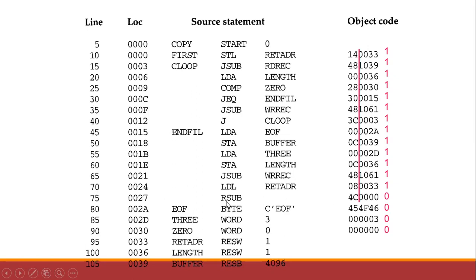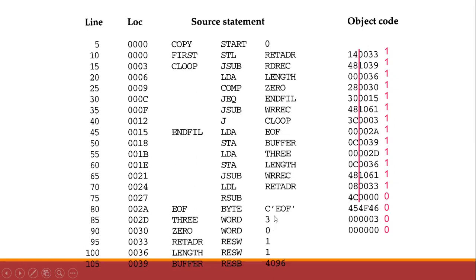If you consider RSUB, there is no operand field, only the opcode. So the address field will be 0, so no modification is required. Whatever the starting address, the object code will be 4C0000 only. So the bit will be set to 0.